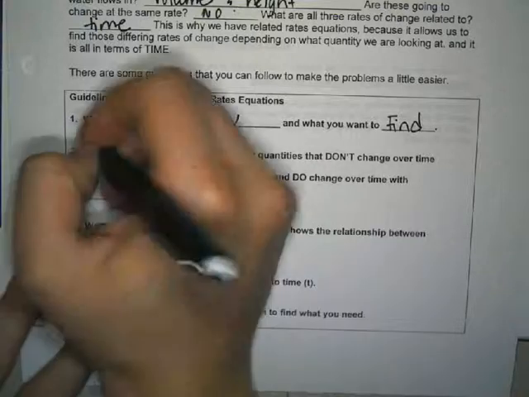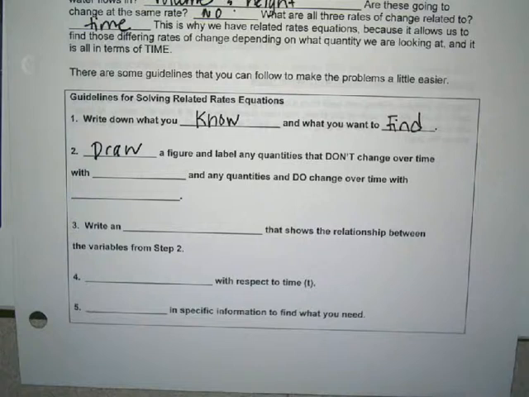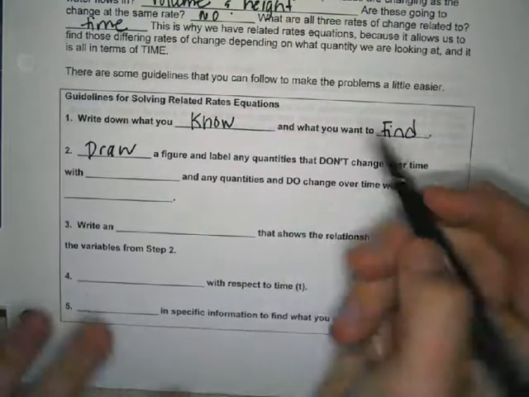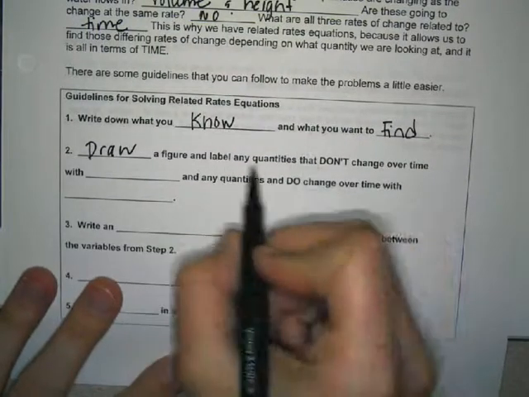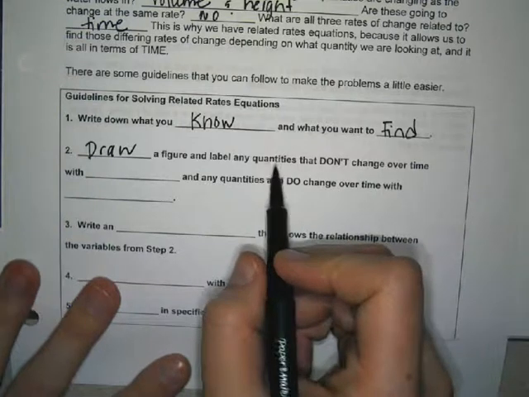A lot of times, you're able to draw a figure. Sometimes they give it to you, but sometimes you have to draw it. And this is the important part, and I tried to indicate it here, but you can highlight it or underline it: label any quantities that don't change over time.